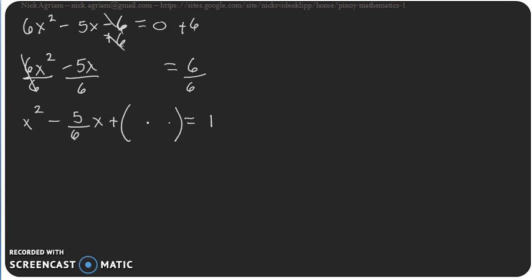And the third term is always 1/2 of the second term. That's also negative. Then I can put negative also there. It doesn't matter because you need to square anyway. So negative 5/6 divided by 2 squared.